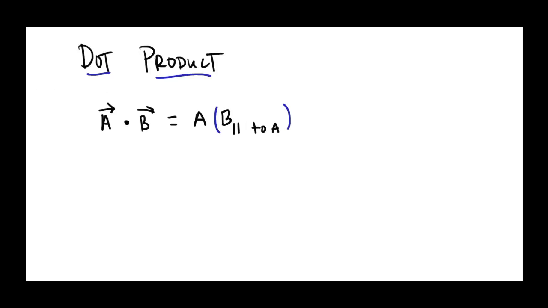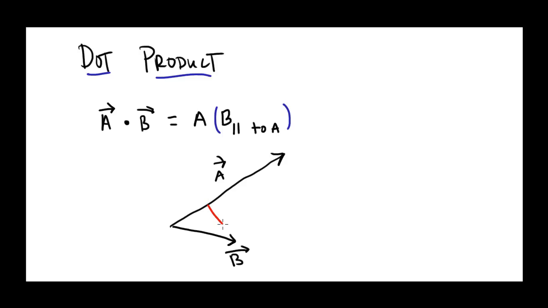So what do I mean? Well, let's say I've got vector A, so here's A. That's not a very straight line, a little bit better. Here's A, and maybe, I don't know, there's B. Well, if you look at it, there's going to be a component of B that is parallel to A and a component of B that is perpendicular to A. So maybe if I draw a line here, you might be able to see.